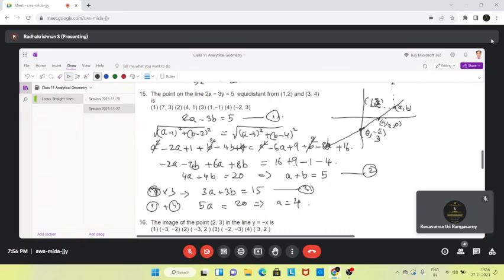So a equal to 4. Since a plus b equal to 5, b has to be 1. So a equal to 4, b equal to 1 is the coordinate of this point. 4, 1. So it's given there, option 2.